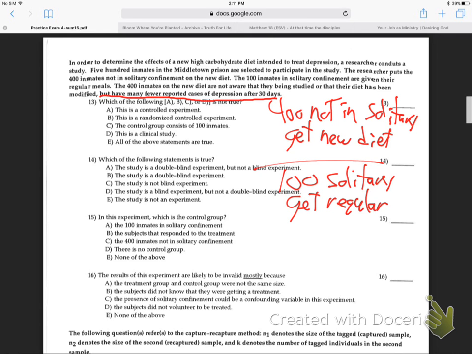At the end of a month, 30 days, they noticed that the 400 with the new carbohydrate diet had fewer cases of depression than the other 100 with the regular diet. Is that good evidence that the new carbohydrate diet is working? Or is there maybe something else that could be causing the 100 people to have more cases of depression?